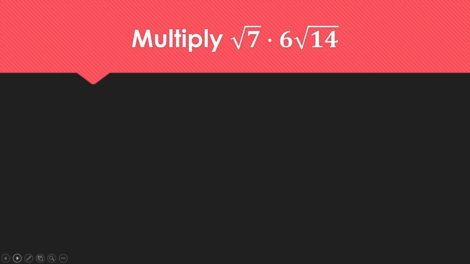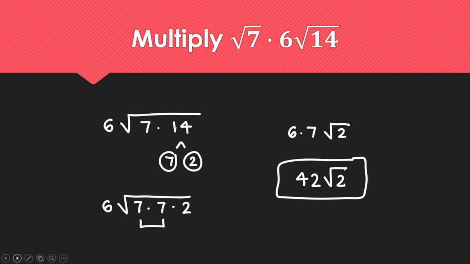All right, now I want you to pause the video and see if you can multiply the square root of 7 times 6 root 14. All right, so notice that the 7 and the 14 are technically under the square root. So when I start breaking down these numbers, technically this first 7 is just going to get circled right away.